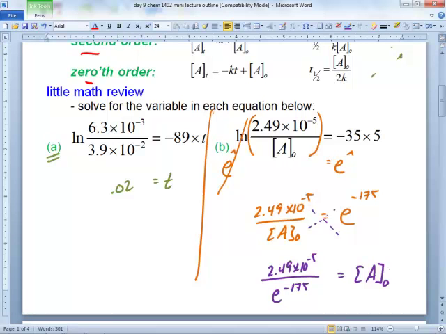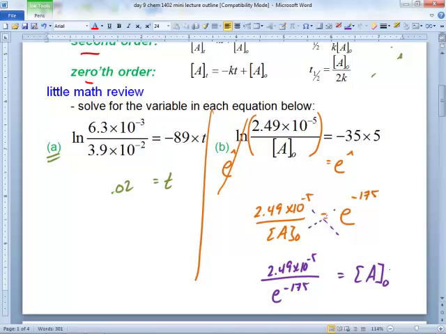First I'm going to put in the 2.49 times 10 to the negative 5 in the calculator. Put that in first: 2.49, exponent, negative 5. And then divided by. Push the divided by button. Now to get this exponential in the calculator, you have to push negative 175 first.